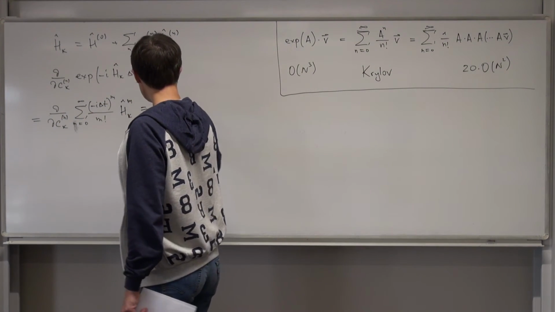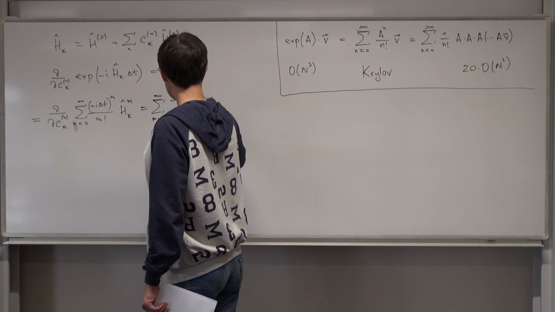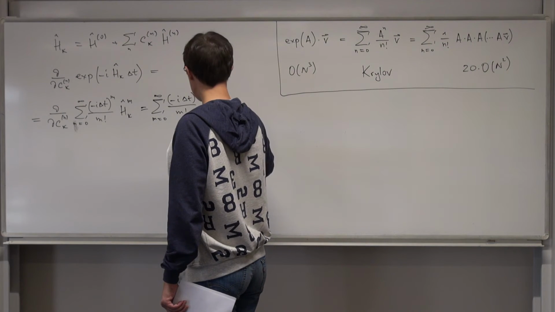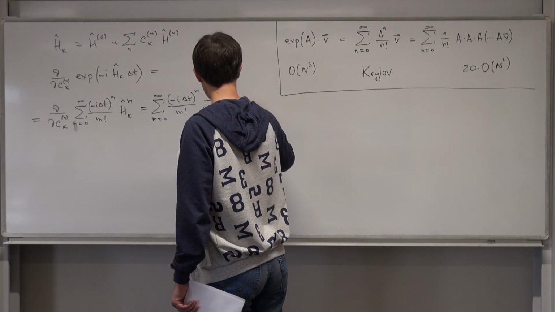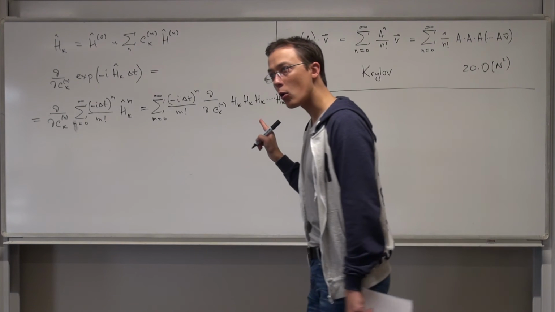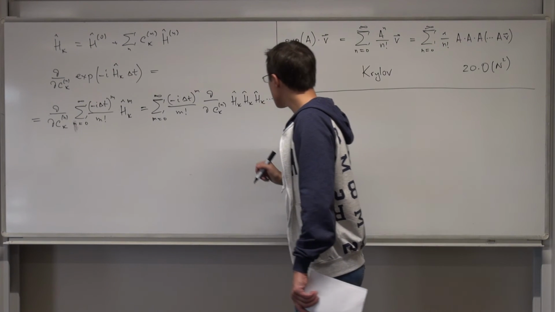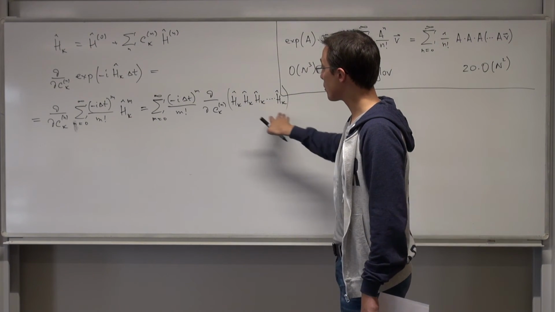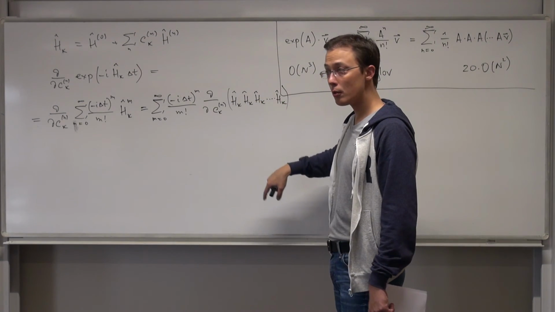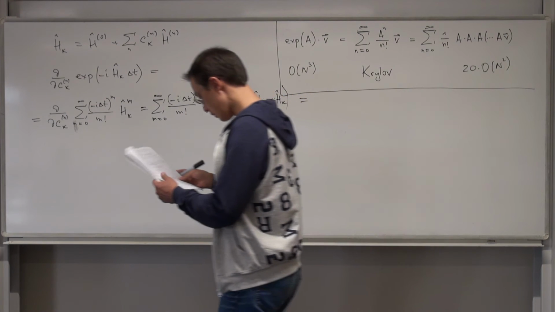We take the derivative in, and that's a sum over m from 0 to infinity of (minus i delta t) to the power m over m factorial, d by dck of Hk, Hk, Hk, and so on, Hk as the mth power. Well, the product rule still applies, so a derivative of a product where every term does depend on ck is just a sum where in each term we differentiate one of these matrices and keep the rest of them there.